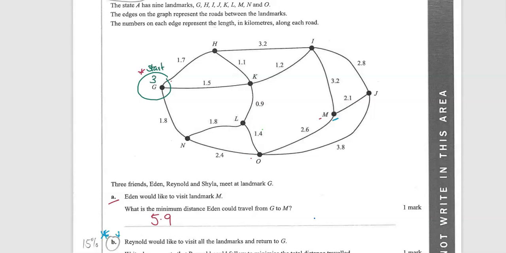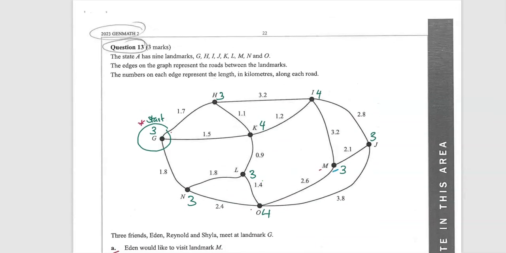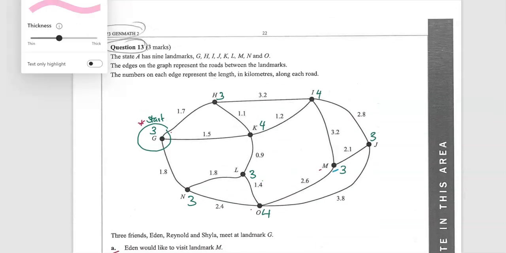That one's 3, this one's 3, this one's 4, this one's 3, this one's 3, this one's 4, 3, 3, and 4.